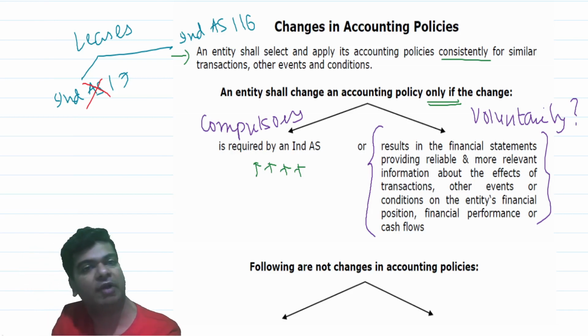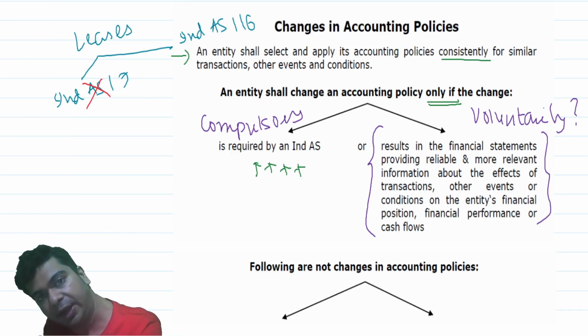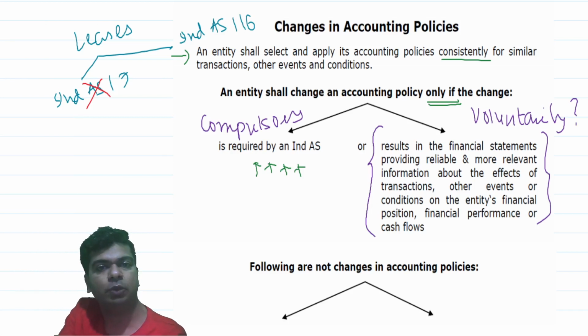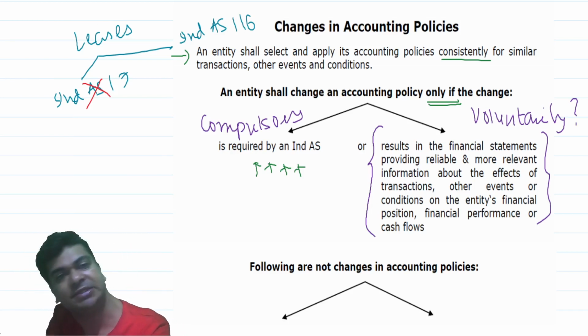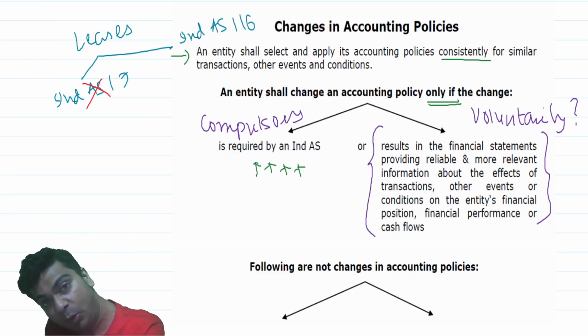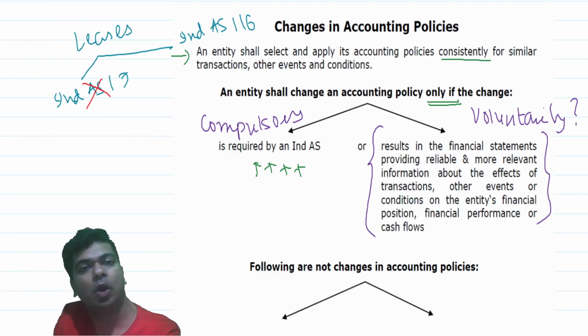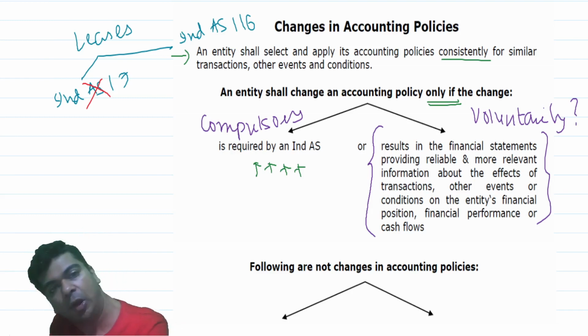Okay, selection of accounting policy is not incorrect. I was given a choice of valuing inventory on weighted average or FIFO. I felt FIFO is better for my business, and that's the reason I selected FIFO. But over a period of time, I realized that my competitors are not following FIFO. They are following the weighted average cost method. And hence, I want to shift from FIFO method to the weighted average method.